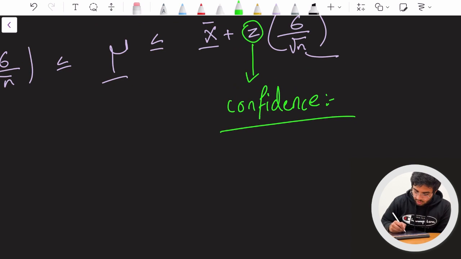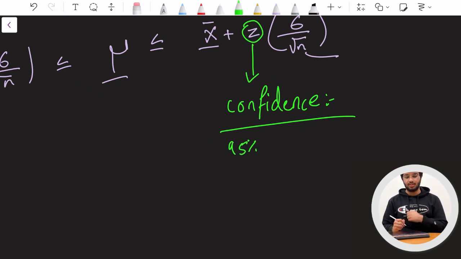Now, what we say is, for example, if you want a 95% confidence, which means that you're 95% confident that the true mean lies in your given range, or another way of saying it is that you do this process and 95% of the time, the true mean will lie in your given range, okay? But either one works.